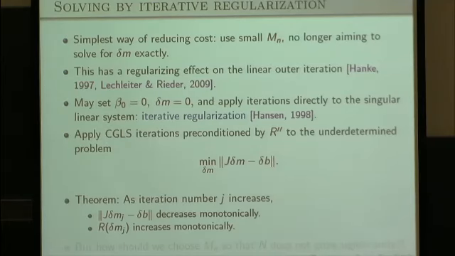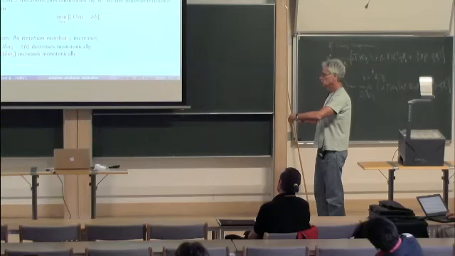Delta b is the corresponding data residual. And here's a theorem from Hansen's work. When you apply PCG, preconditioned conjugate gradient iterations, to this thing, then this residual decreases monotonically. So you can actually have some sort of control. I mean, you can stop this thing when you like the amount of decrease you got.